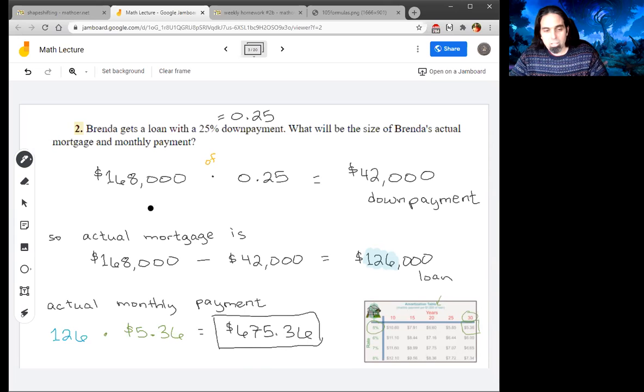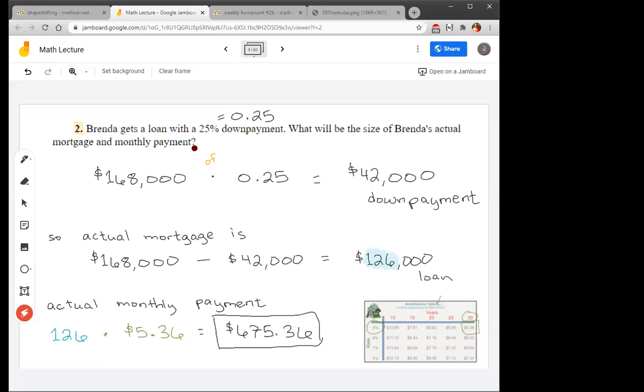What is she going to do with that extra $224? Probably deal with this down payment, right? She's borrowed it from a relative. She's taken it out of her retirement account, whatever it is, to scrounge up the 42,000. She has to somehow deal with that because she probably doesn't have it lying around in her savings account.